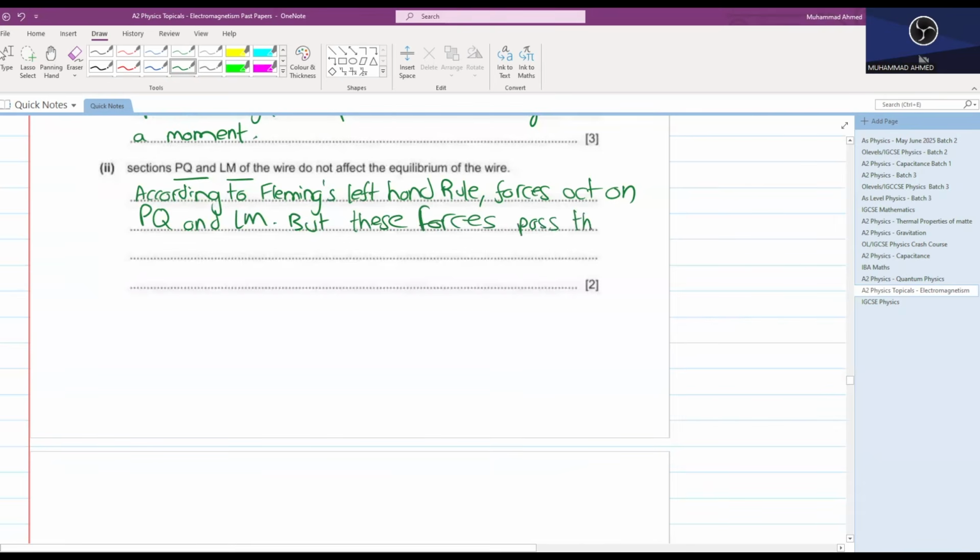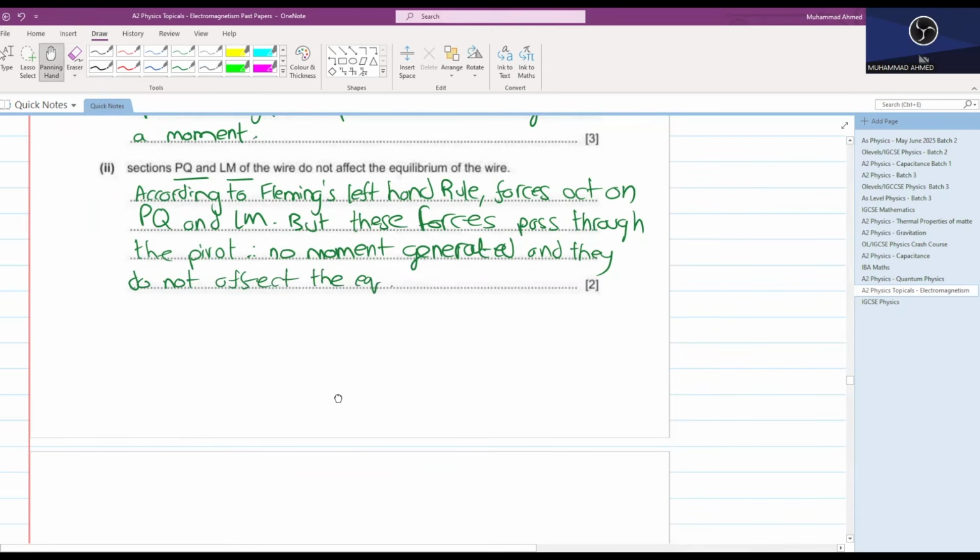Hence, no moment is generated and they do not affect the equilibrium. Simple as that. Let's further move ahead. Okay.